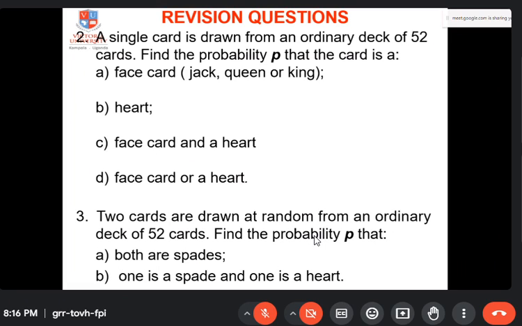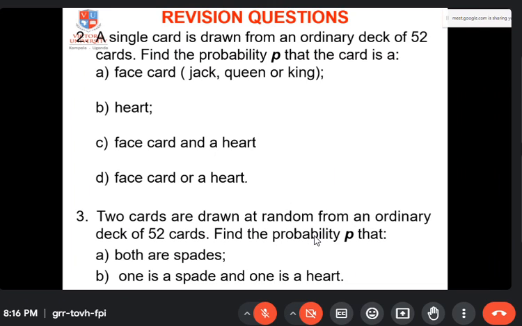What you got is correct, but we need to multiply that one by 2, because you just assumed that you are picking a spade first and the heart next.